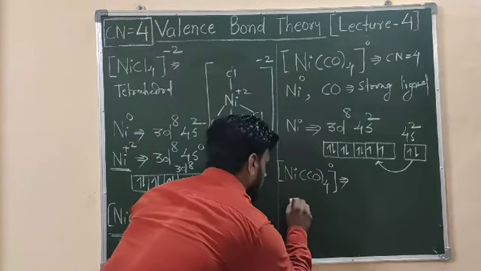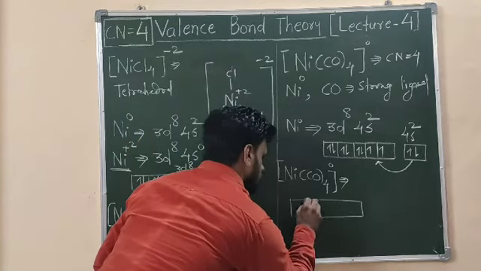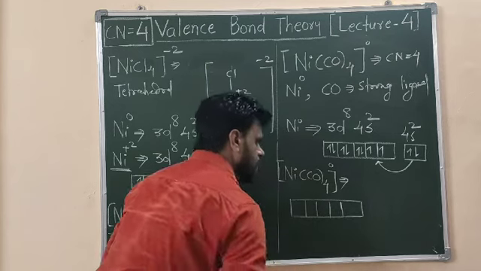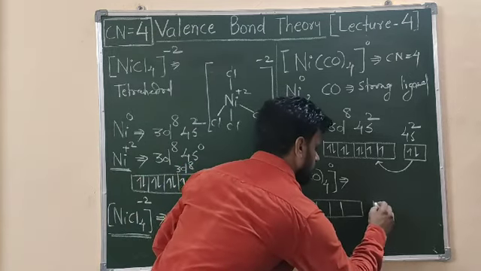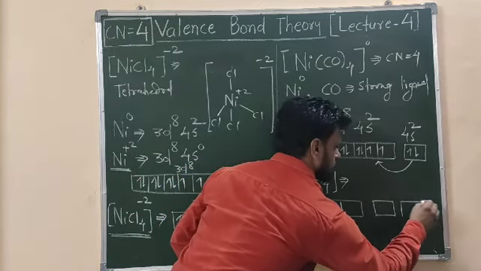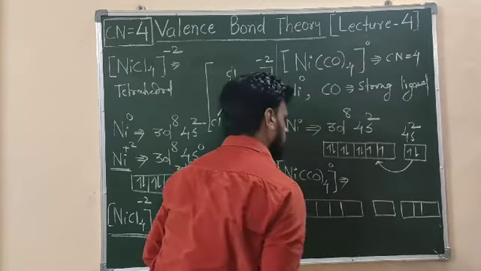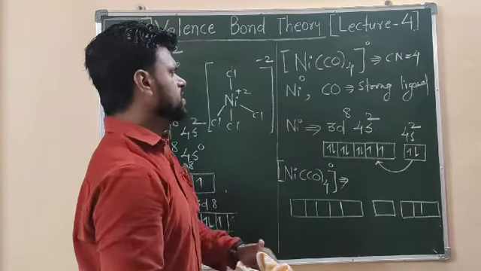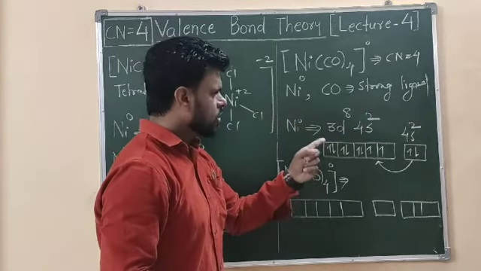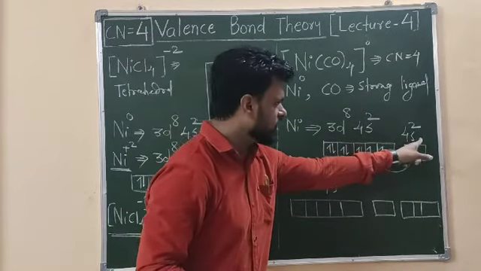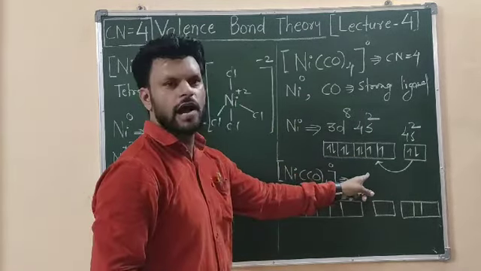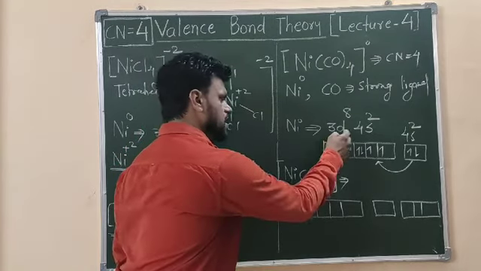So here, in d8, this is my d series, this is my s, and this is my p. As I told you, CO is a strong field ligand, so the electrons undergo pairing, and the 4s electrons shift to the 3d orbital, and then it was 3d8.